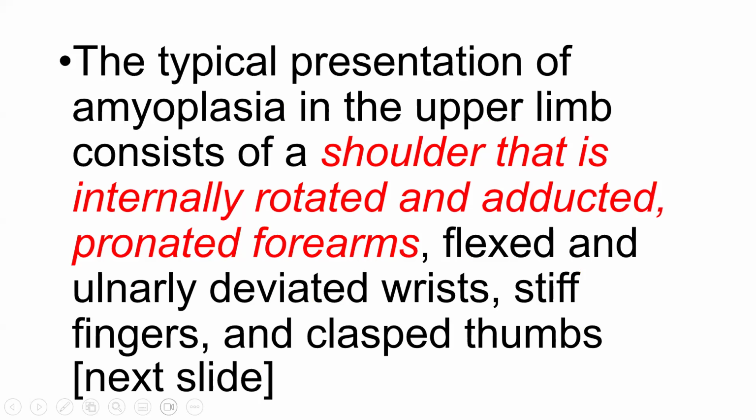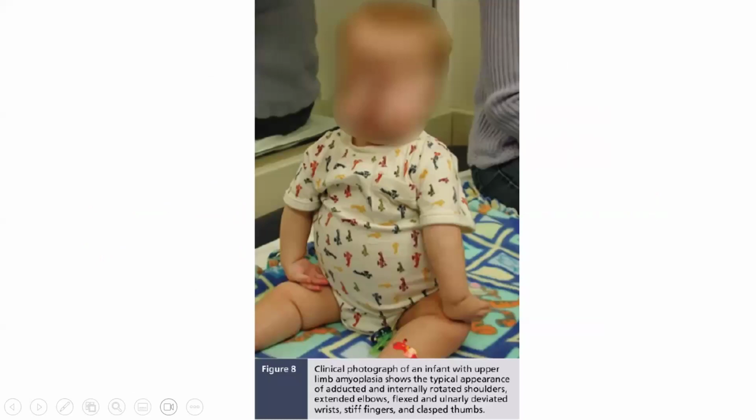The waiter's tip, and they would have an internally rotated shoulder, adducted pronated forearms, just as occurs in brachial plexus palsies. So look at this child. He's sitting, his wrists are flexed, and they're internally rotated. He cannot get his hands up to reach his mouth.